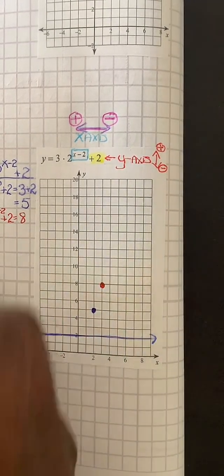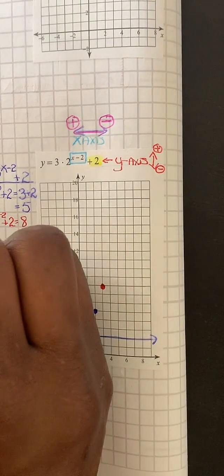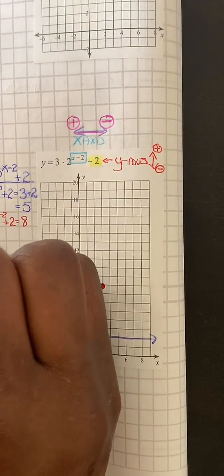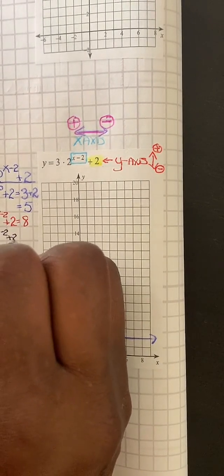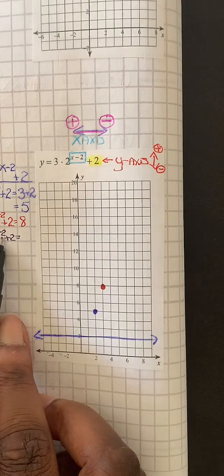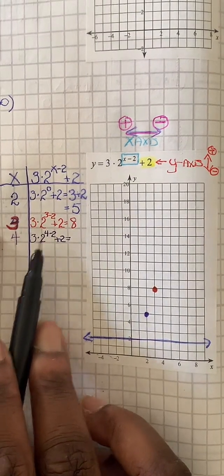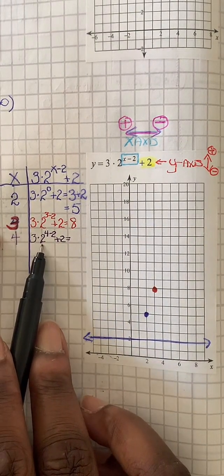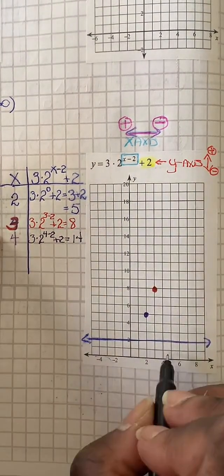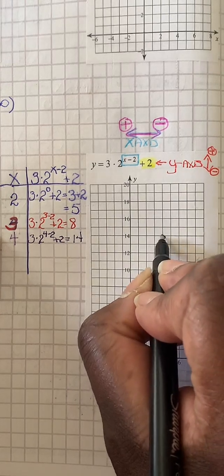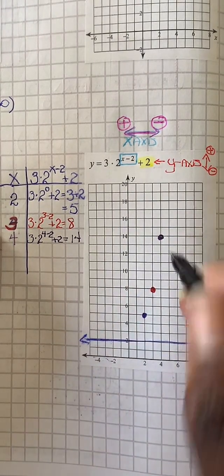So if I wanted to do 4, that means I have 3 times 2 to the 4 minus 2, plus 2. 4 minus 2 gives me 2. 2 to the second power gives me 4. 3 times 4 gives me 12, plus 2 gives me 14. So I have my 4 and I have my 14. Because now I can see my curvature a little bit better.